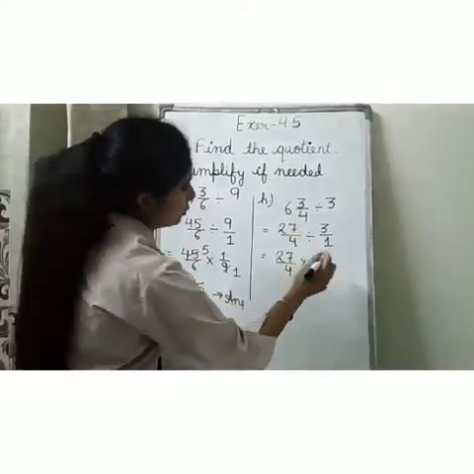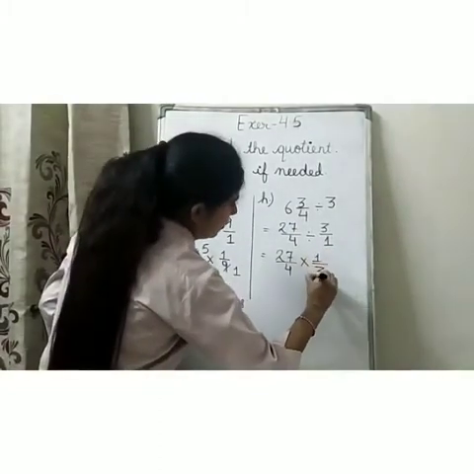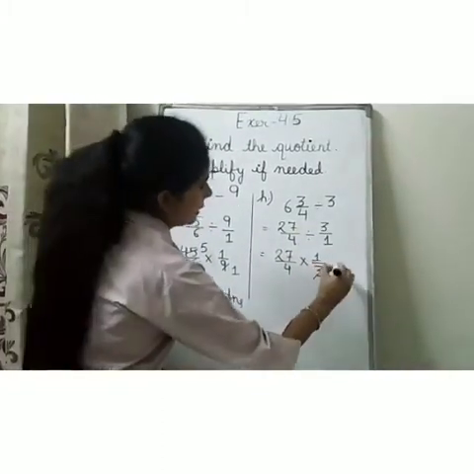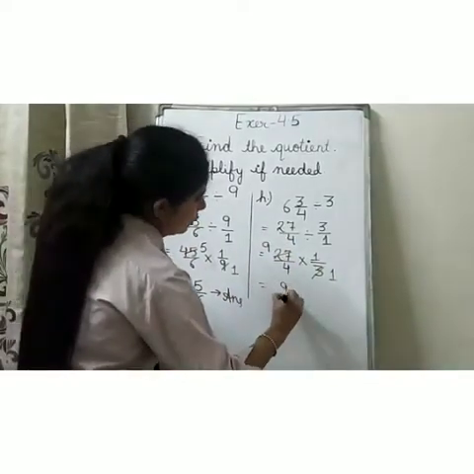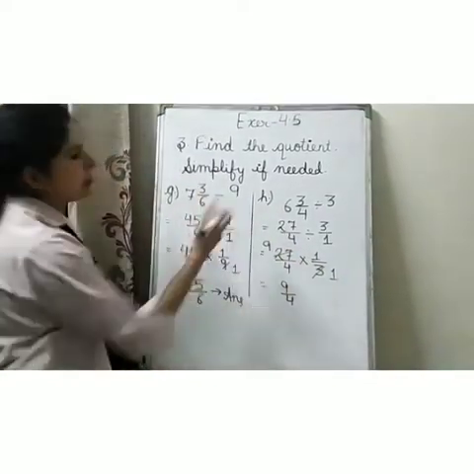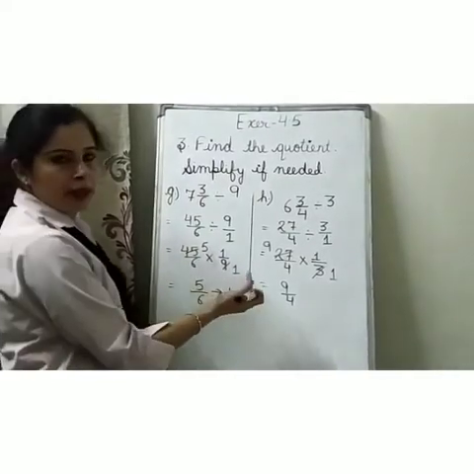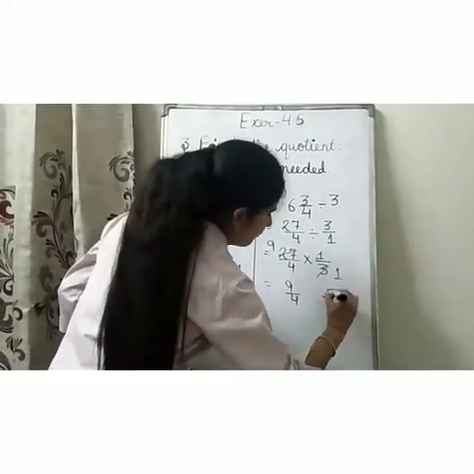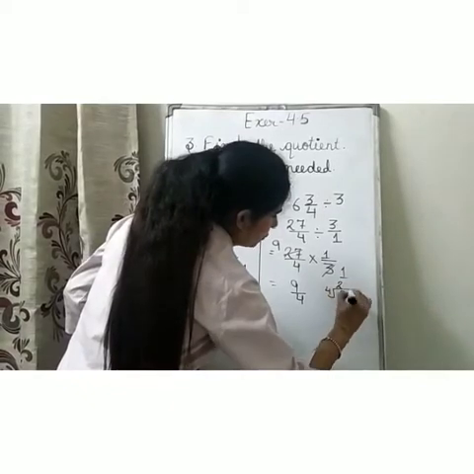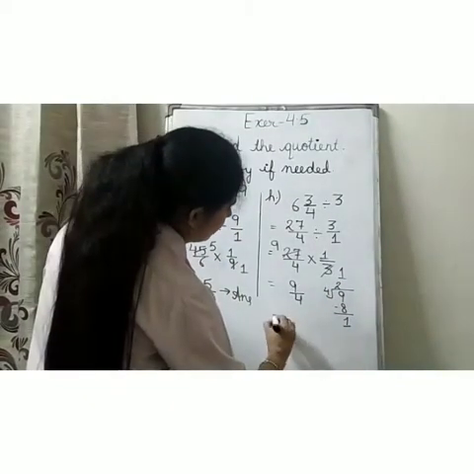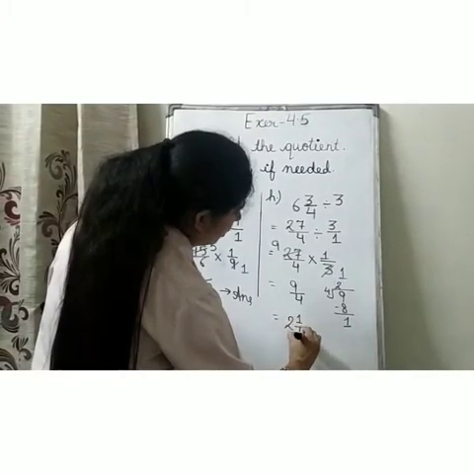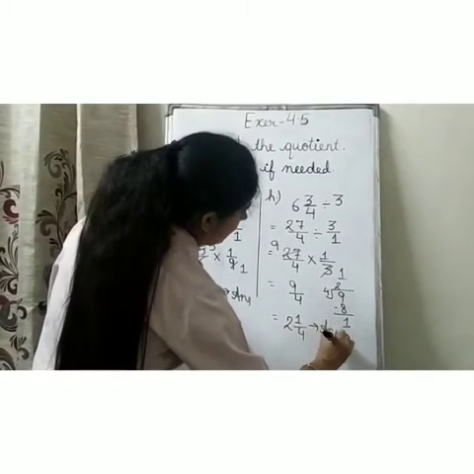Change the divide sign into multiply and this into 1 upon 3. Do the cuttings. 3 ones are 3, 3 nines are 27. It's 9 over 4. It said simplify if needed. Here simplification is needed. So divide 9 by 4. 4 twos are 8. 1 remainder. So the answer will be 2 and 1 over 4. This is our final answer.